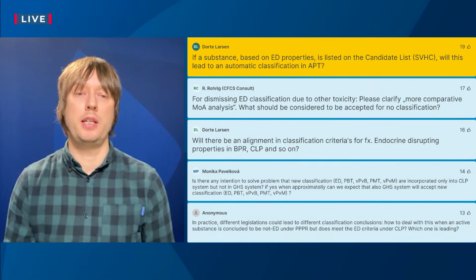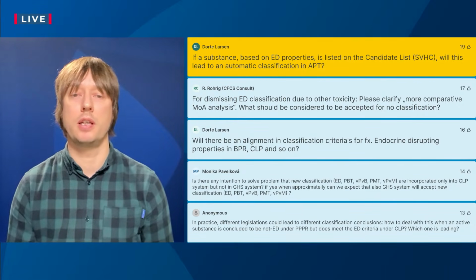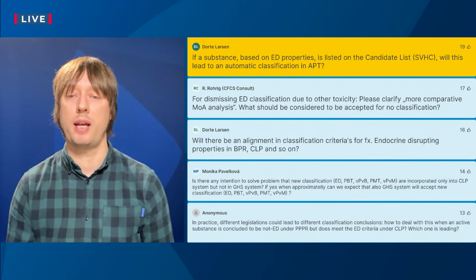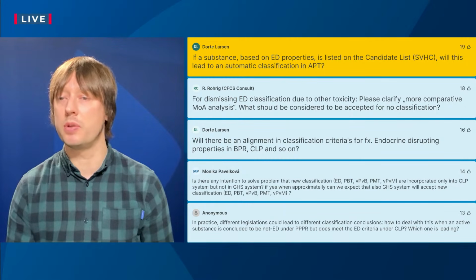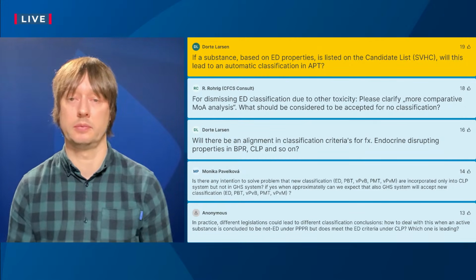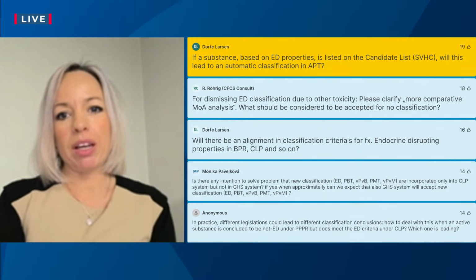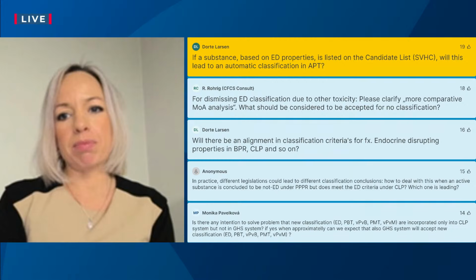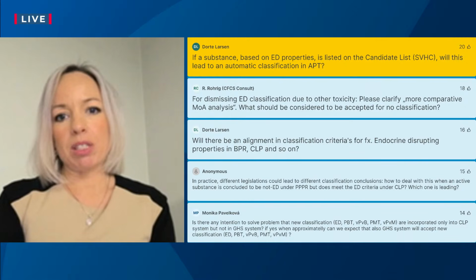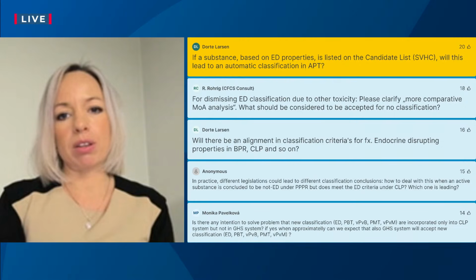If a substance based on ED properties is listed on the candidate list, SVHC, will this lead to an automatic classification in an ATP? And this one is for Kirsi. Thank you. I think I already had a very similar question, which I replied. So in principle, they are considered as Cat 1, but you can see in this CLP revision, Article 37, paragraph 7, that a Commission delegated act is needed for this, and there are also the timelines for this delegated act.